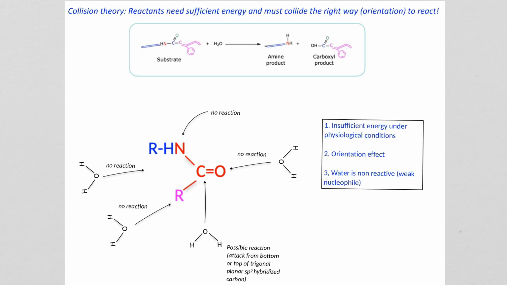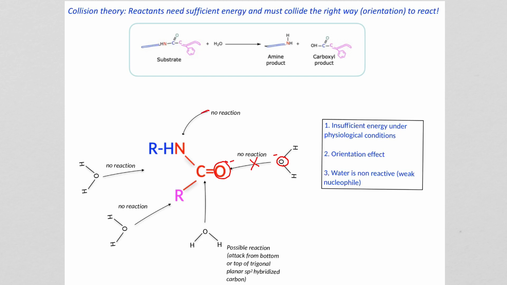So, for example, in this reaction here, if the oxygen of the water, which is slightly negatively charged, comes and hits the oxygen of the peptide bond, the amide linkage, there is no reaction going to happen because these two are not going to meet. This is negatively charged and this is also negatively charged. So that's going to be quite impossible for them to come towards one another and collide.